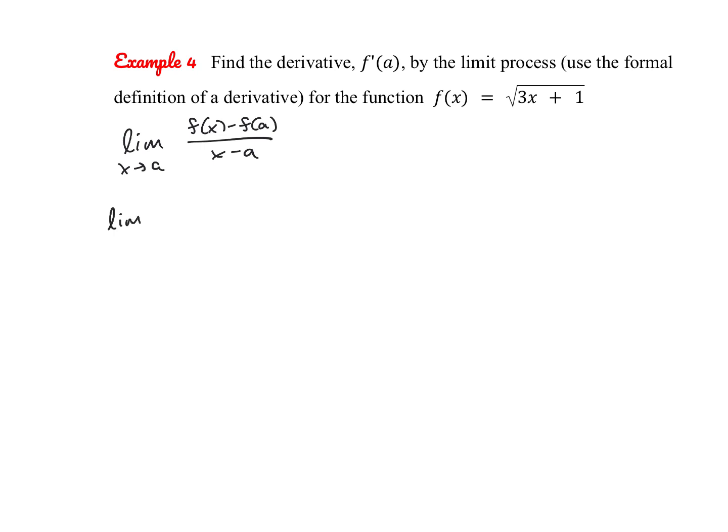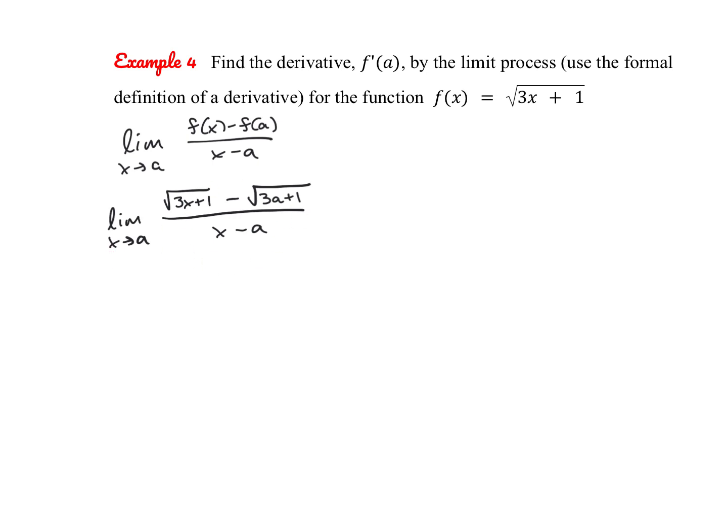So the limit as x approaches a, f of x we can see is the square root of 3x plus 1. And then f of a would just be the square root of 3a plus 1 all over x minus a. So now all we need to do is evaluate this limit.